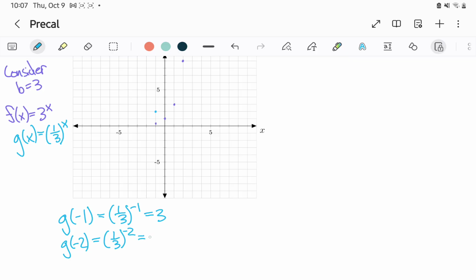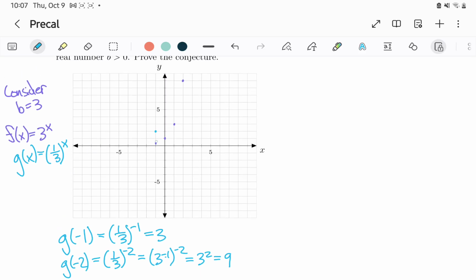And again, we can say that 1/3 is the same as 3 to the -1, and then to the -2. And again, whenever we have a power of a power, we take the product of the powers, so -1 times -2 is going to be a positive 2. So 3 squared, or 9. So the graph of g is going to pass through the point -2, 9.